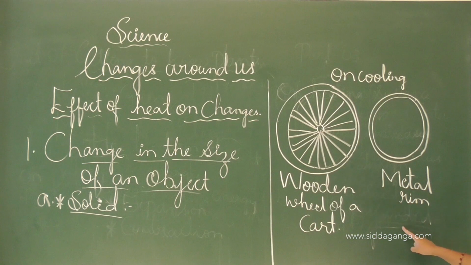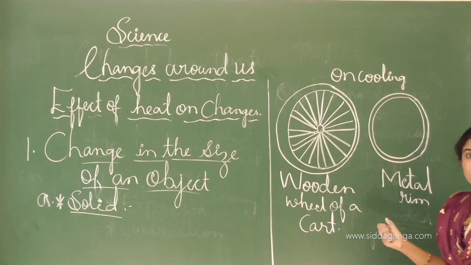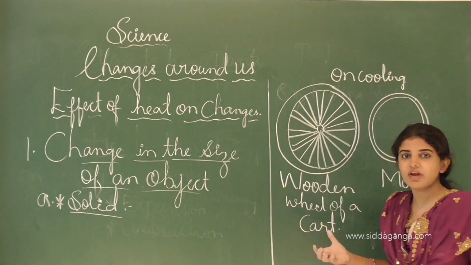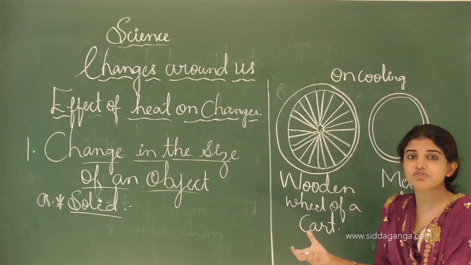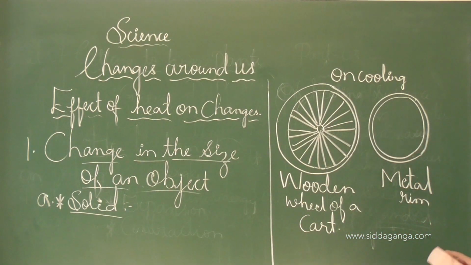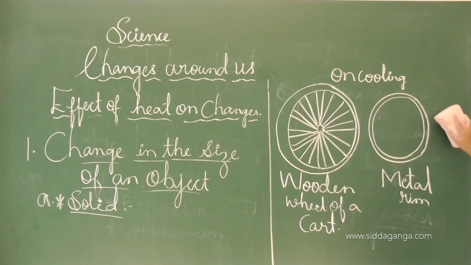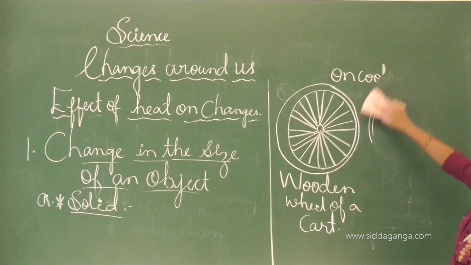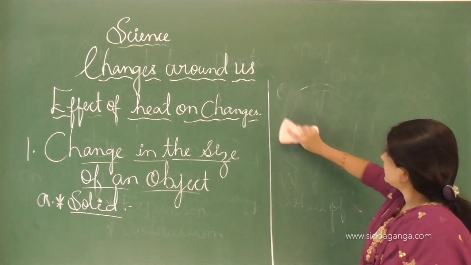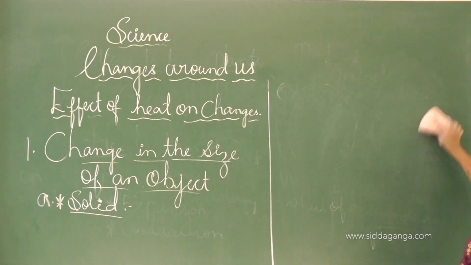This is one example of a solid object where the size increases on heating, and on cooling it shrinks and comes back to the original size. This is a change in size on heating due to expansion as well as contraction. Next we shall move on to one more example.